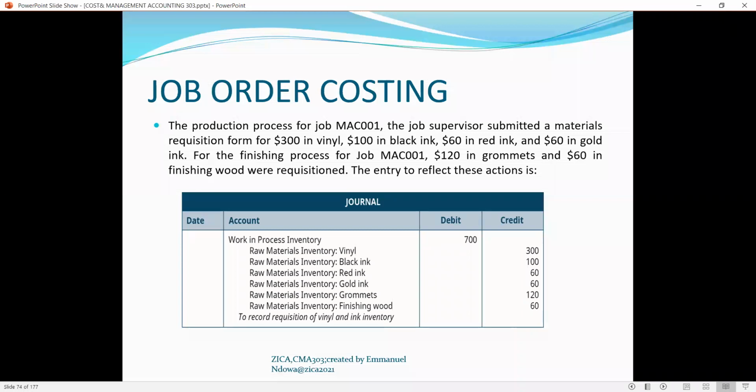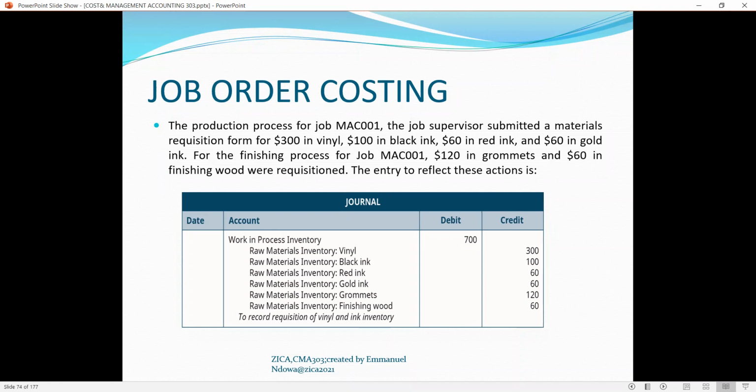The job supervisor submitted a materials requisition form for 300 in vinyl, 100 in black ink, 60 in red ink, and 60 in gold ink for the finishing process of job number MA30301.